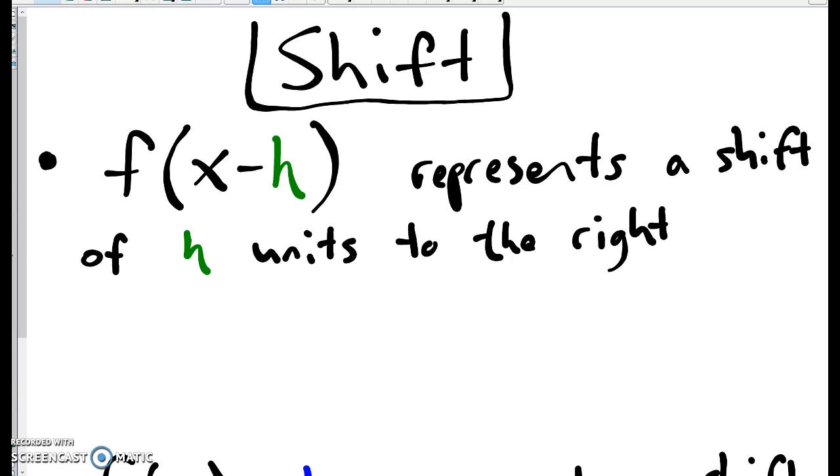All right, so the first transformation we looked at were shifts. These are equivalent to what we saw as translations in geometry class. They're moves of your function to the left, to the right, up or down. A shift of h units to the right will look just like this, f of x minus h.